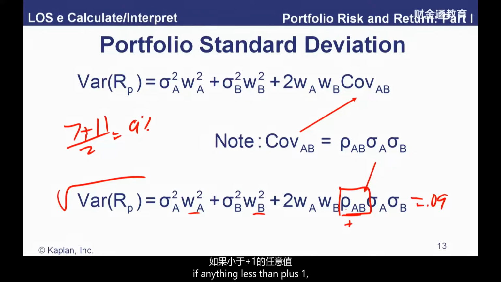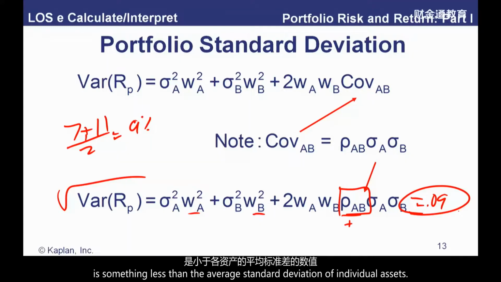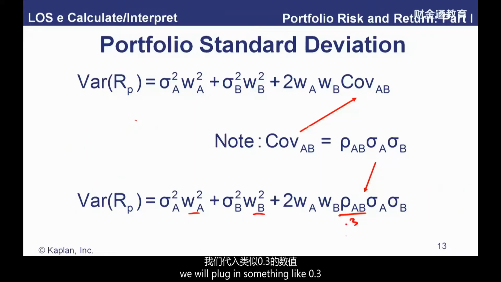If it's anything less than +1, then what we're going to get for the standard deviation of the portfolio is something less than the average standard deviation of the individual assets. Okay, so if we plug this in for a normal relationship, we will plug in something like 0.3 or minus 0.3 if we're lucky, and what we're going to see is that this is what's going to give us the variance, and then take the square root to get the standard deviation.